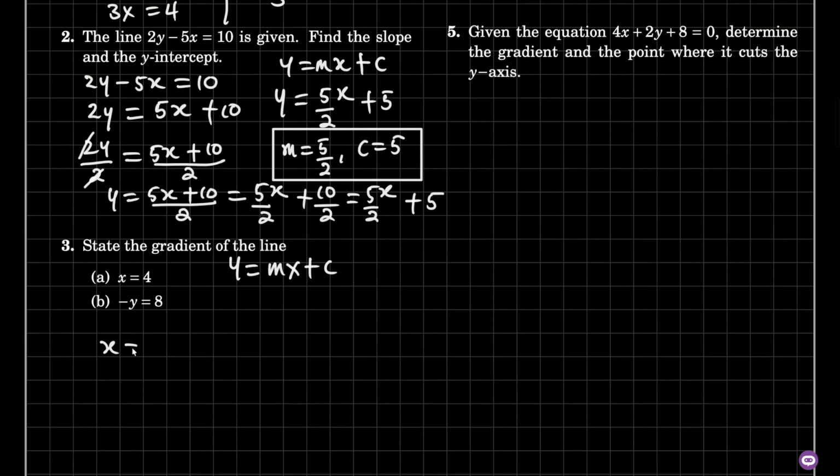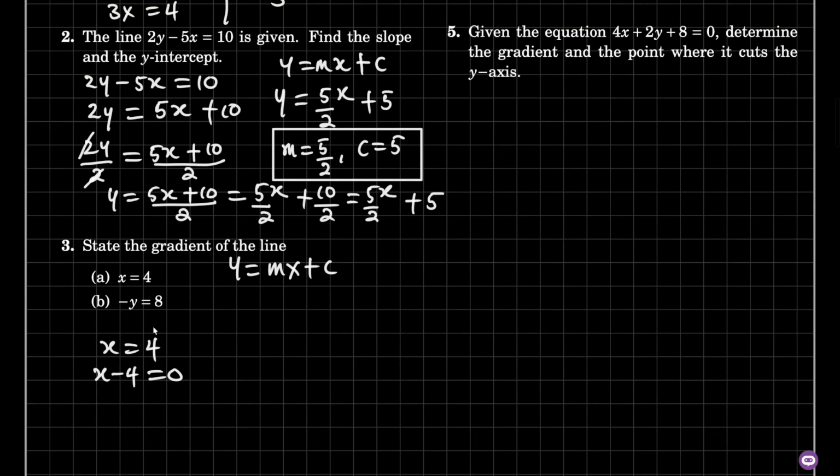Now x is equal to 4. If we try to write it in such a way that the intercept and the x are on the same side, then we can say that x minus 4 is equal to 0.